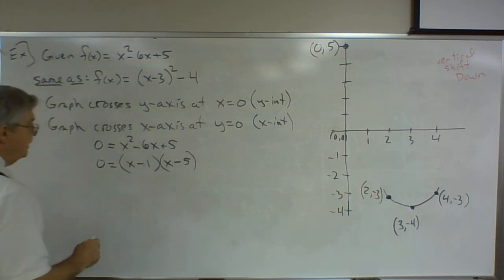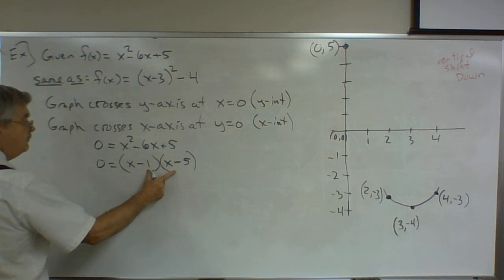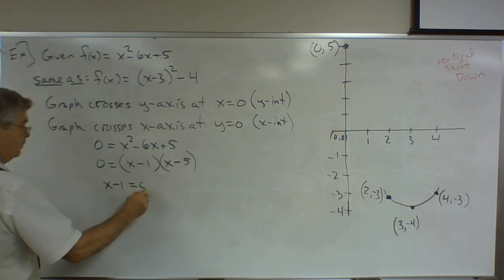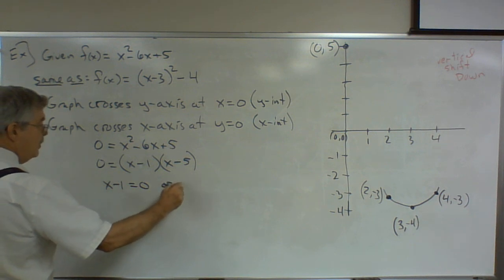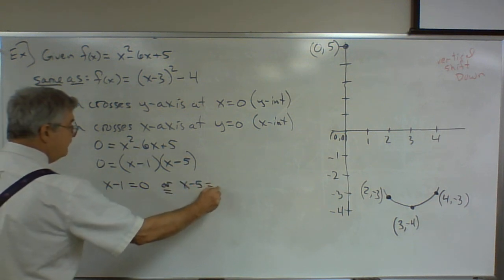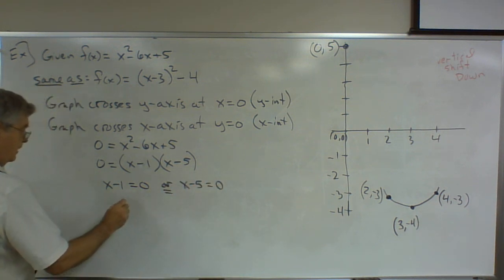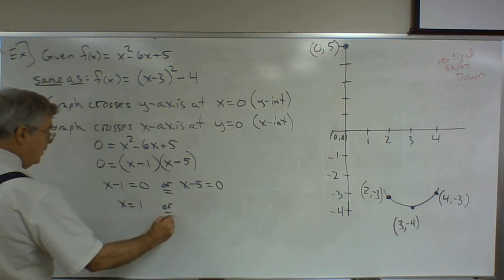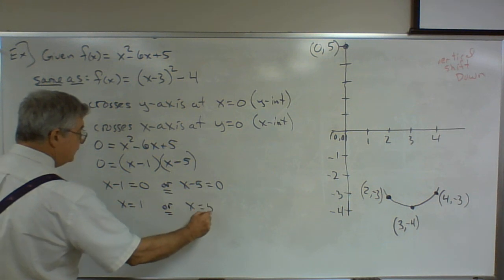Okay, beautiful. The product of these two things equals 0, so either x minus 1 equals 0 or x minus 5 equals 0. If this is true, that means x equals 1 or x equals 5.